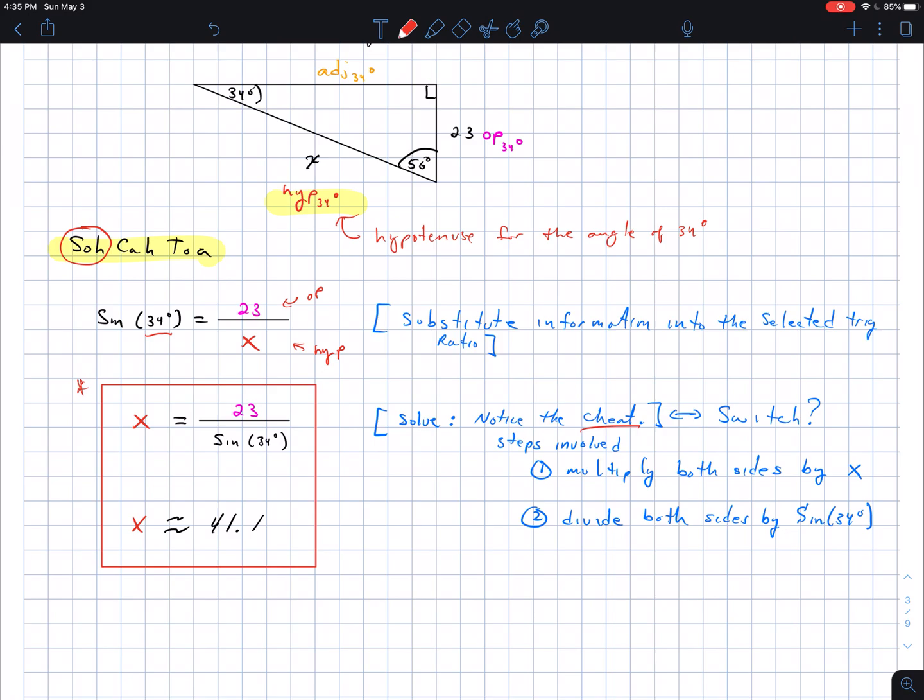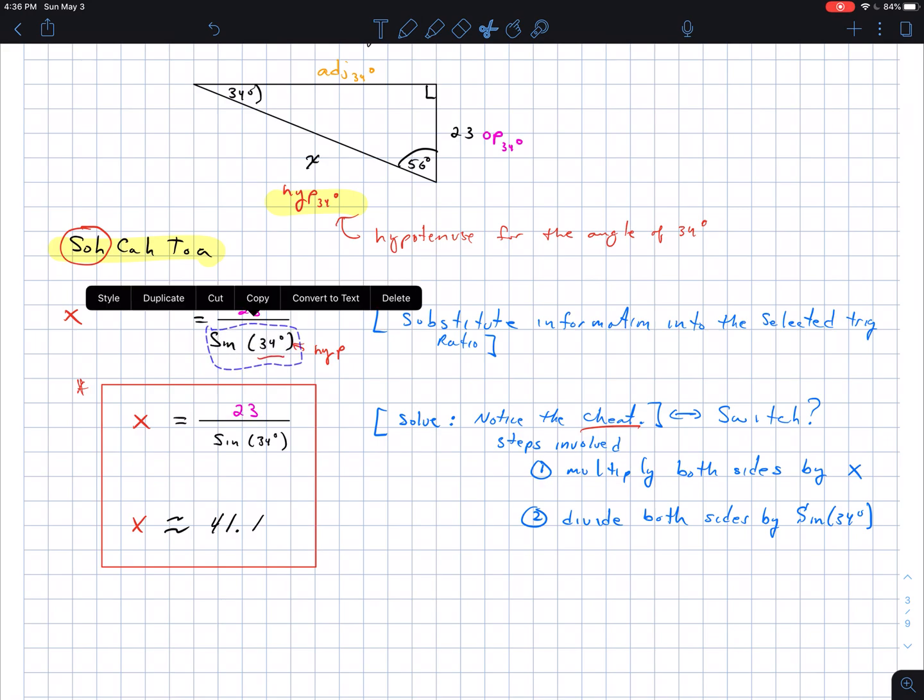Maybe it is wise just to show you the trick. I don't know if you see it. I was hoping that you'd figure it out yourself, but see if I take this x and just move it over here, and I take this sine of 34 and move it over here.